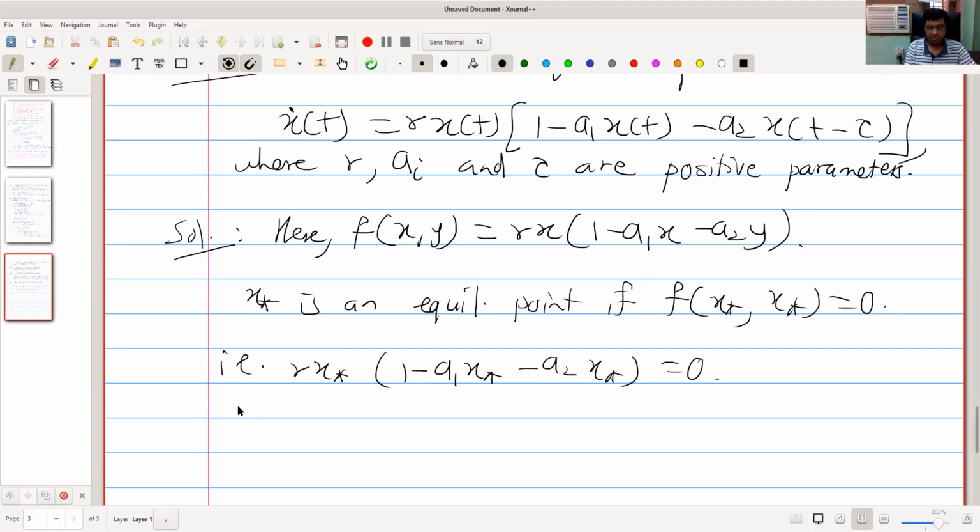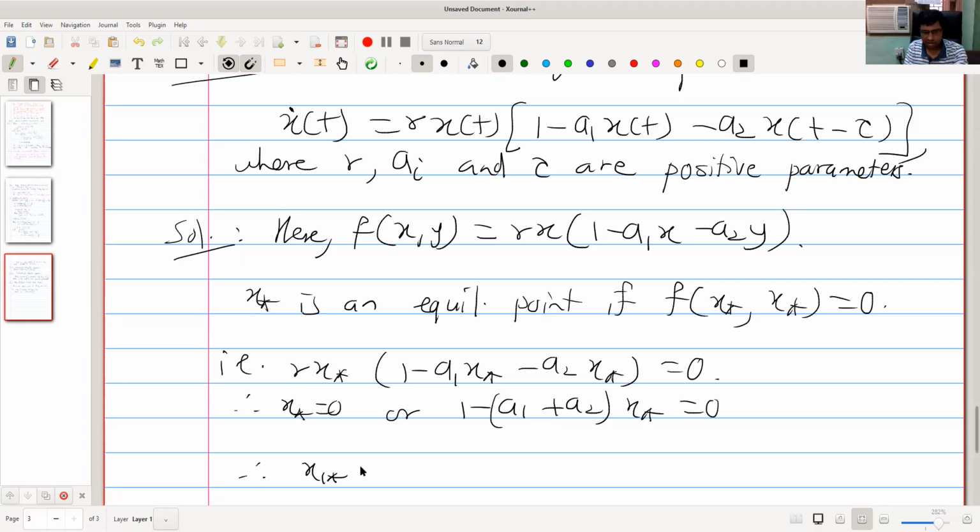Okay, so we have two options. One is x1 star is 0, and the other is this bracket is 0: 1 minus a1 x star minus a2 x star. So we write this as 1 minus (a1 plus a2) x star equals 0.